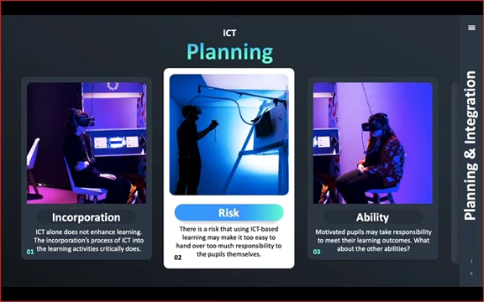I've had experience with some students that have very low basic ICT skills and some mid to high. What I've done in the past is a lot of group work and group activities.